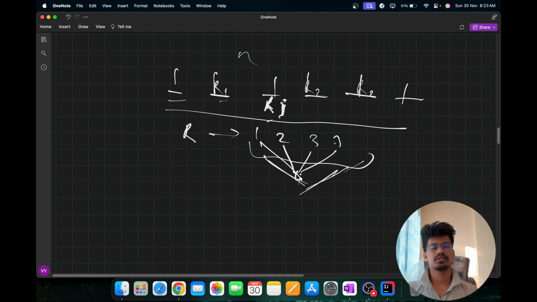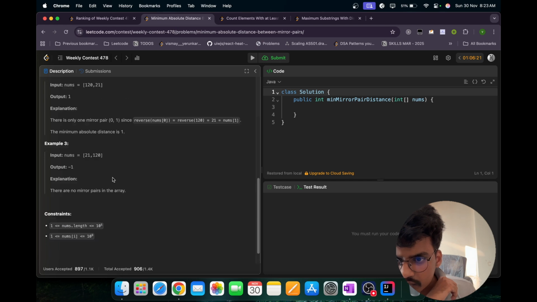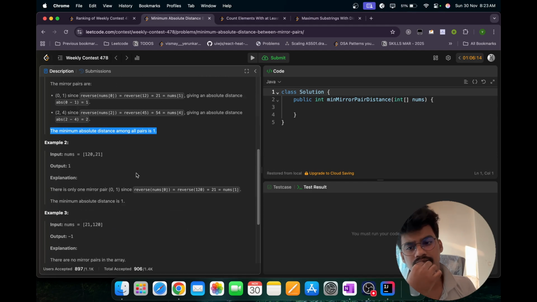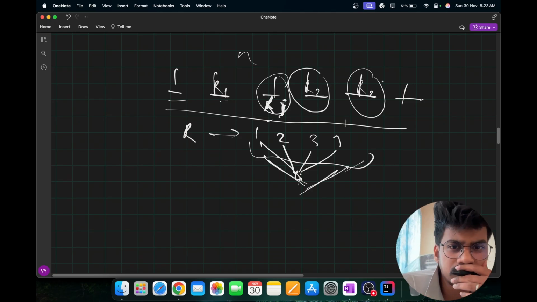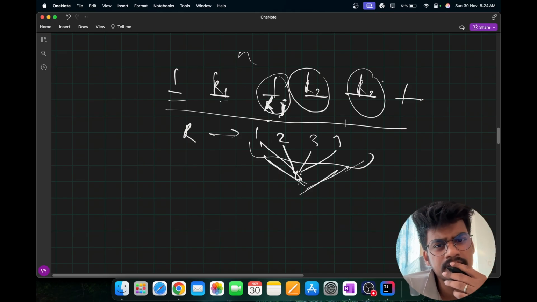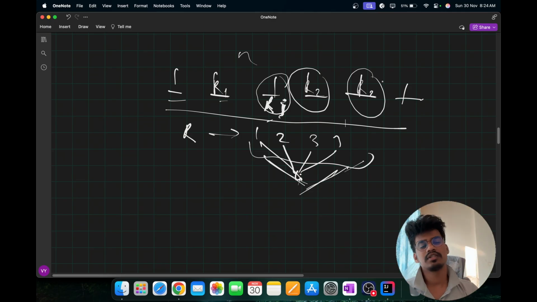Binary search for this monotonic function. For some element I have to find the nearest element.